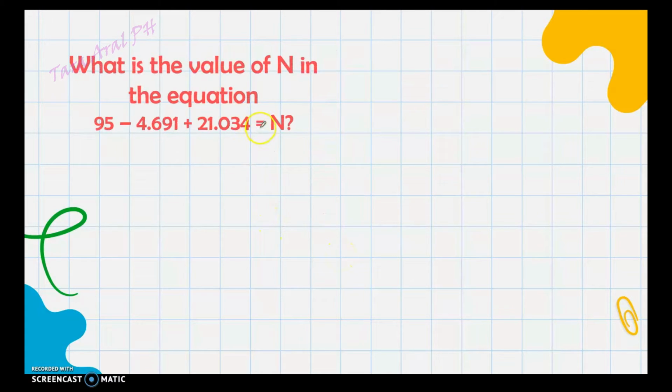Next, what is the value of n in the equation? We have 95 minus 4.691 plus 21.034. So we subtract first. We have 95, and the decimal point in 95 is at the end, so that we can align this 4.691.